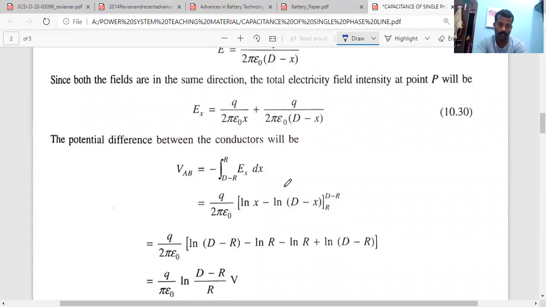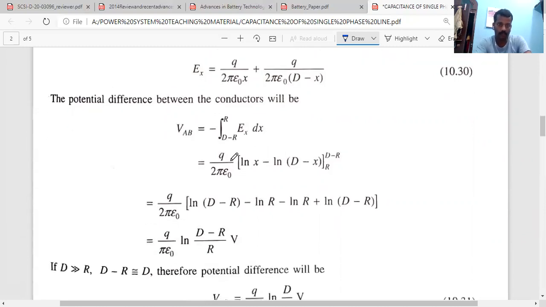Then when we integrate this electric field intensity, this will come like q upon 2 pi epsilon naught, ln x minus ln (d minus x), and this is the limit. When the sign is changed, the lower limit will be r and the upper limit will be d minus r.